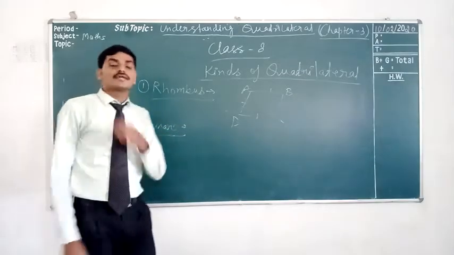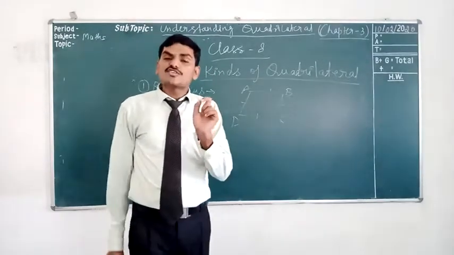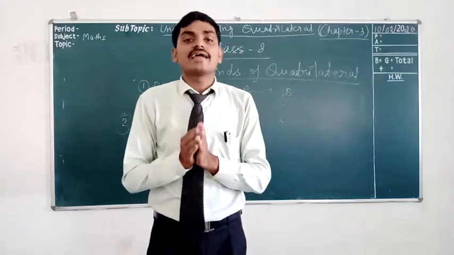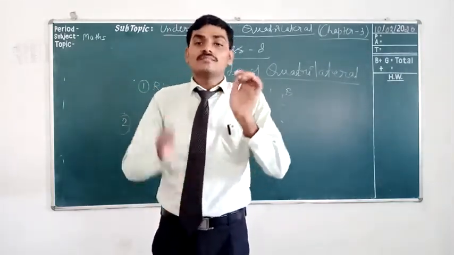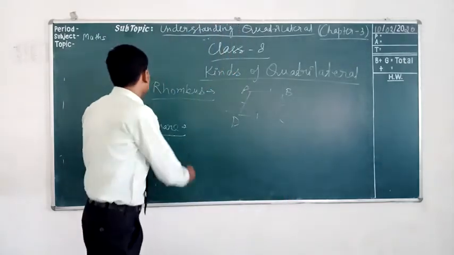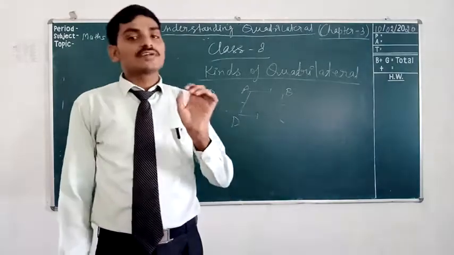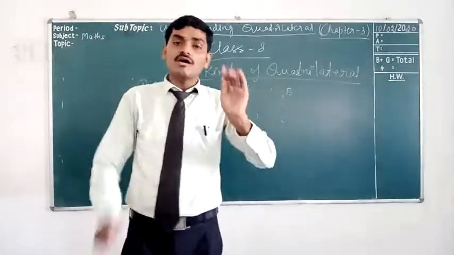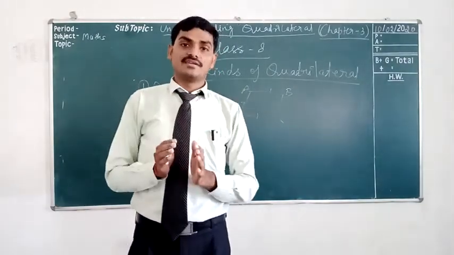Now the second one is the square. What is the square? A square is a special type of rhombus in which all the interior angles are 90 degrees. So a square is also a rhombus, with all four sides equal, but one more condition should be followed: all the interior angles should be 90 degrees.